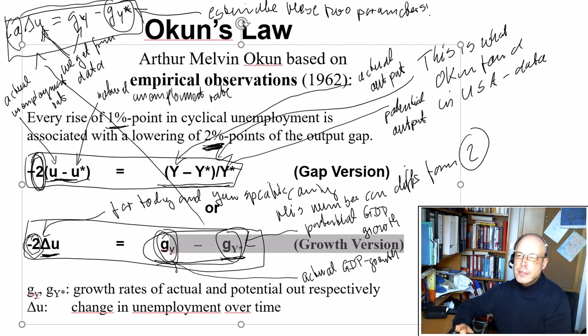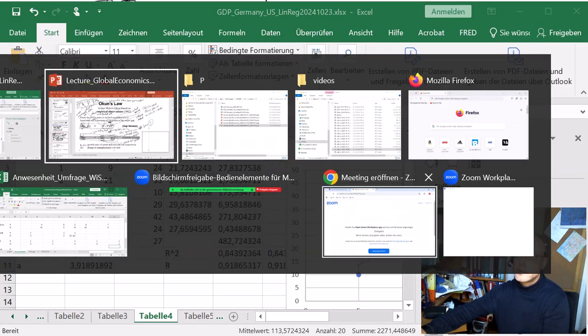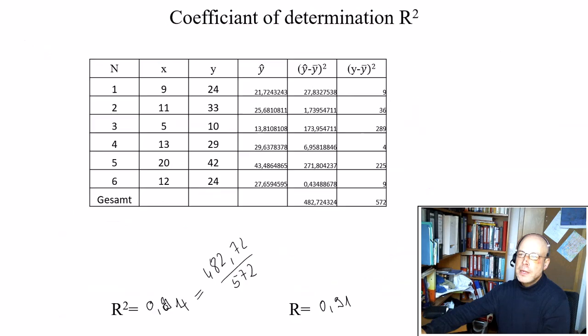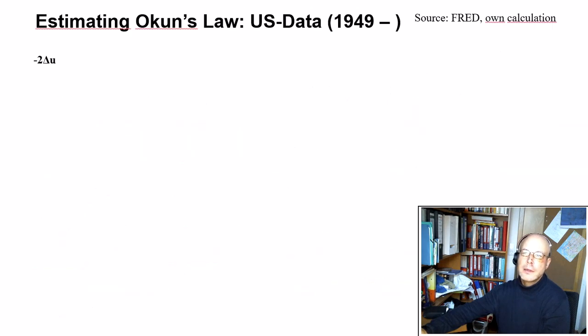Because if we are looking at the growth version of Okun's law, so the dependence between unemployment and real GDP growth, then we see that we also just have within here a linear hypothetical linear dependence between our two variables.